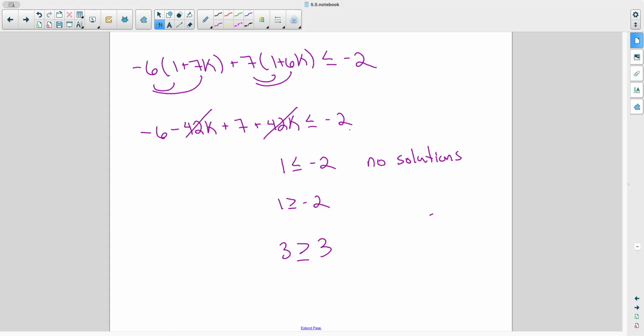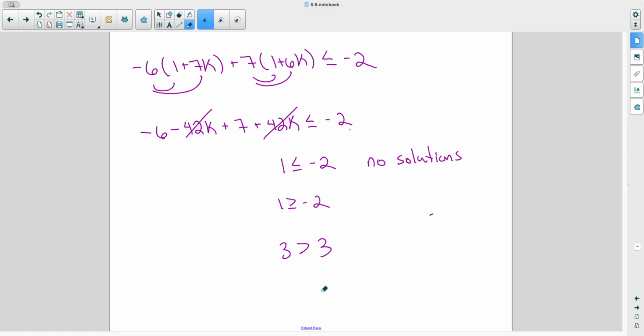Wait, I have a question. Yes. If it wasn't greater than or equal to, and it was just greater than, would that be no solution for the 3? Yeah, the 3 greater than 3. If it was like this, that's no solution, because is that true? No. Just like when we did the equal sign and we got 4 equals 4.